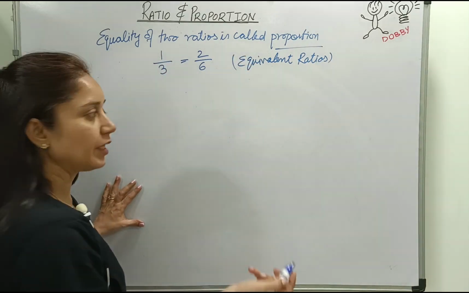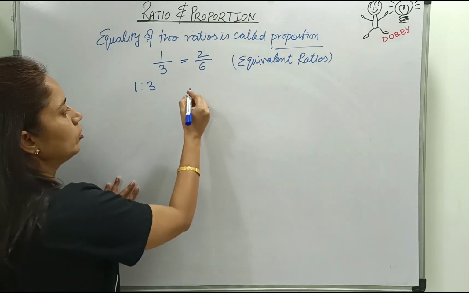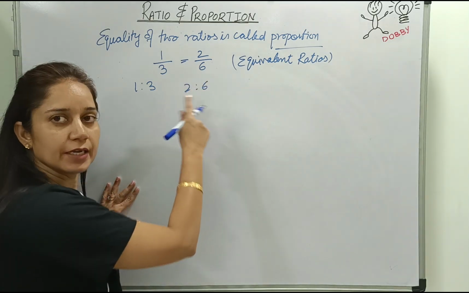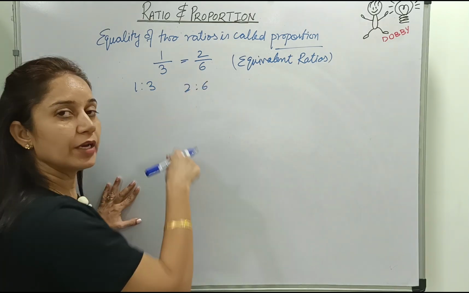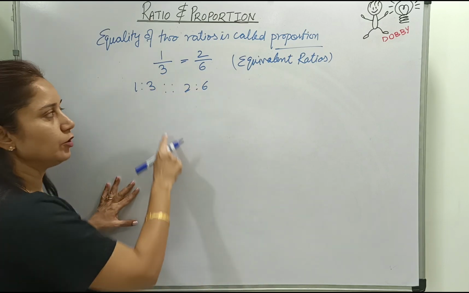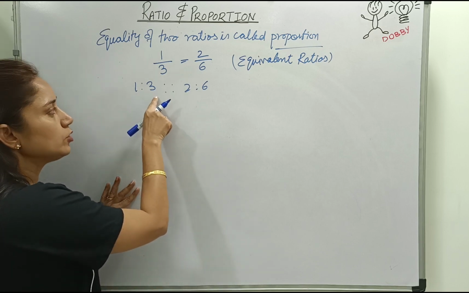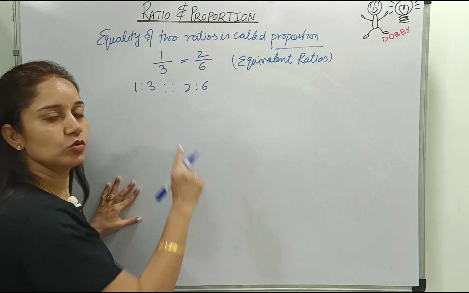So further we can write them as 1:3 is one ratio, 2:6 is another ratio. Now these two are equivalent, that is why this is the symbol of proportion in between. You can speak it as 1:3 is same as 2:6.